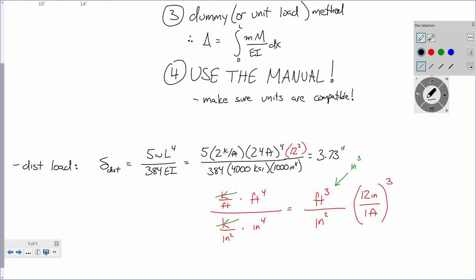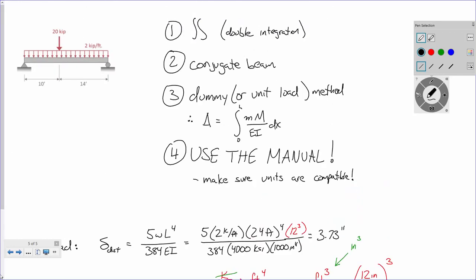Let me pull up the screen for the screencast. So that V at x equals A is only going to give me the deflection right there. I'm not after the deflection right here. I'm after the deflection at midspan. So it's at a different point, and because of that, you have to use the elastic curve. The only other thing worth mentioning is you have to make sure you keep track of your B's and A's.